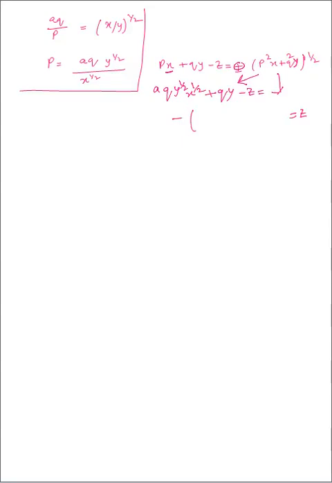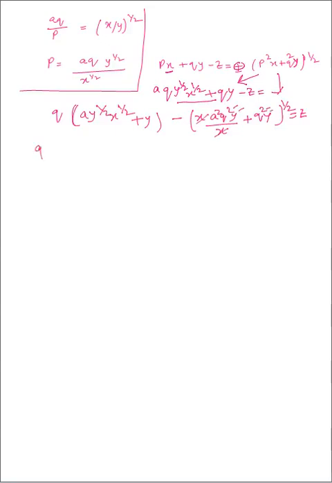So p square is, x is first, then a square q square y upon x plus q square y and to the power half. Here this is same q common from these two, a y to the power half x to the power half plus y. So this cancels out, and from here we take q square y common.